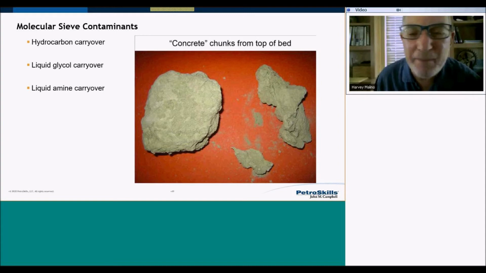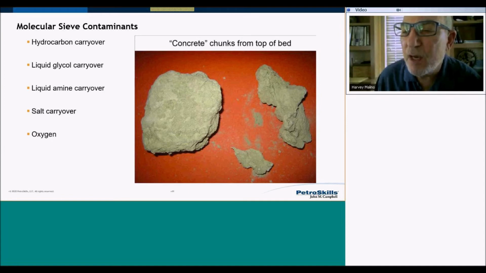You have a lot of amines coming in, and what will happen is that the ammonia formed during the regeneration is going to destroy your binder system, and you're going to end up with expensive dirt in the vessel. You're going to get big chunks that kind of look like this, and that's going to impede the operation of your system. Salt water is going to block the macropores, and you can also end up with big chunks.